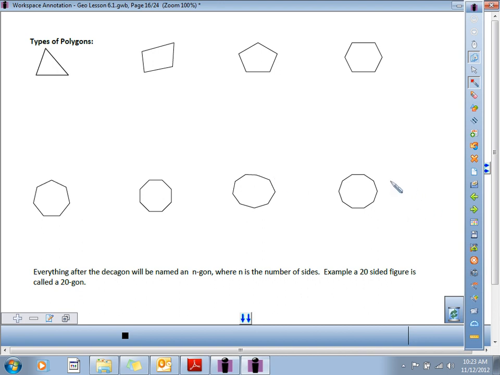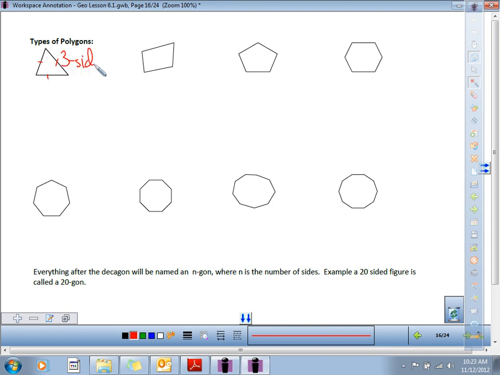When we want to see what types of polygons we have, we first look at the number of sides. If we have 1, 2, 3 sides, what do we call a three-sided polygon? A triangle. Let's move on to the next one. We have 1, 2, 3, 4 sides. What do we call a four-sided polygon? Some of you may be thinking square, rectangle.